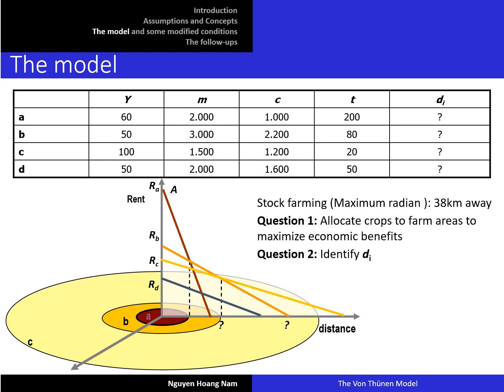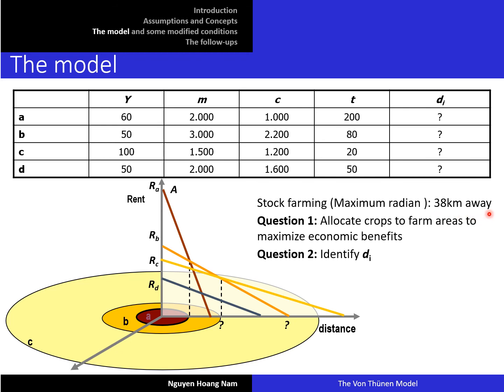Firstly, the most simple exercise, we have some farming with some variables and parameters here. Crop A, crop B, crop C, and crop D. And the stock farming, the maximum radius, which describes the size of the area, is only 38 kilometers away from the city center.